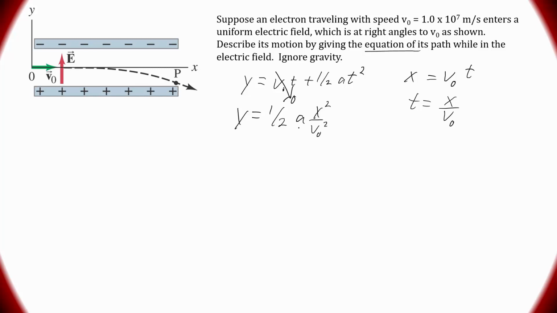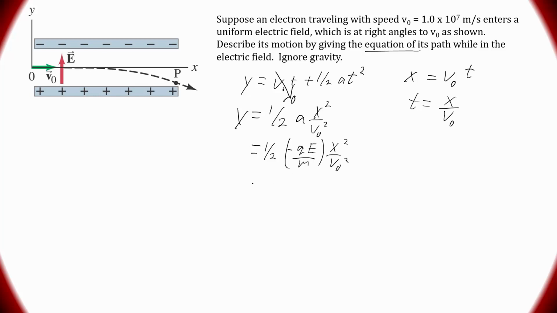And if I want to write this acceleration in terms of the E field and the charge and all of that like we did earlier, then I'm going to get 1/2. I'm going to go ahead and put a negative here to indicate that that acceleration is downward from the perspective we're looking at. q times the magnitude of the electric field over mass. So this whole thing is my acceleration, x squared over v naught squared.